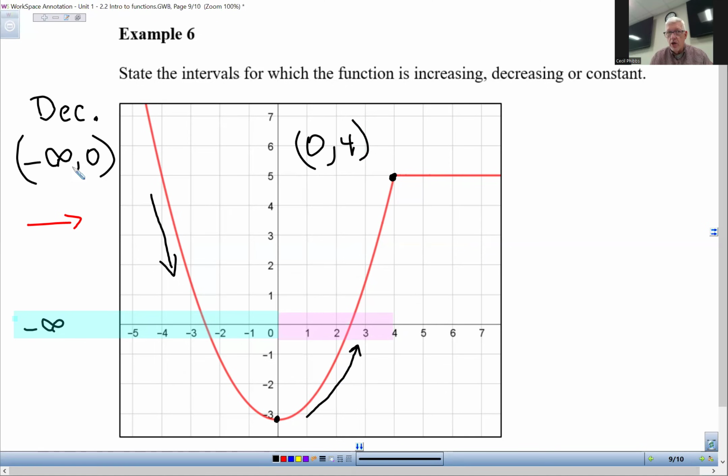Again, notice these all have parentheses. I'll explain why that is in just a moment. And then finally, from 4 all the way to the rest of the graph, we're going to assume it continues in the same direction, which again will take us to positive infinity. So from 4 to infinity, our graph is constant.